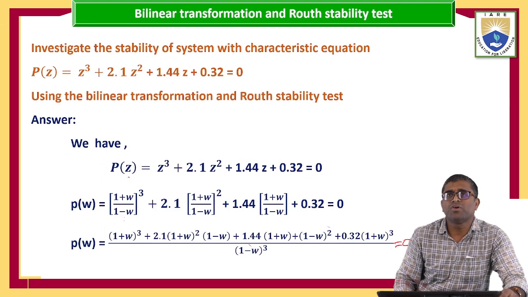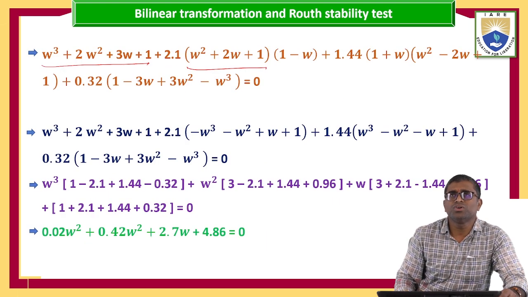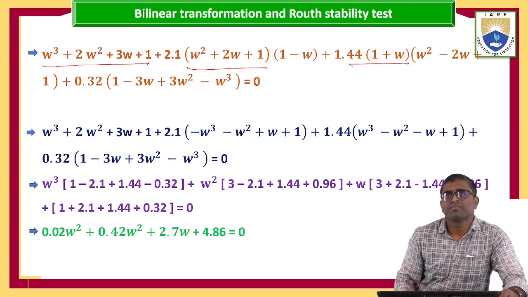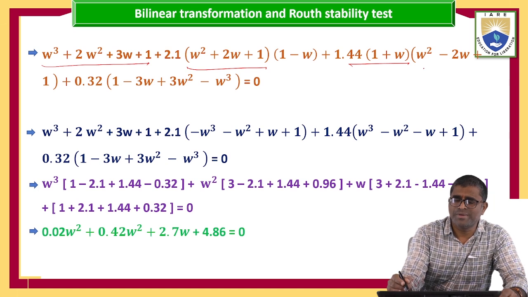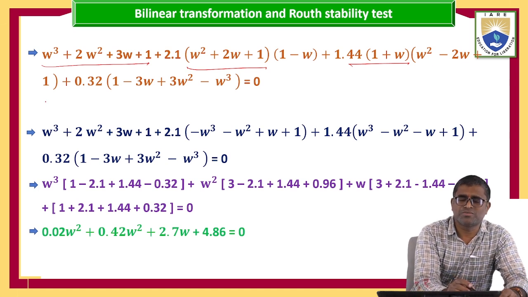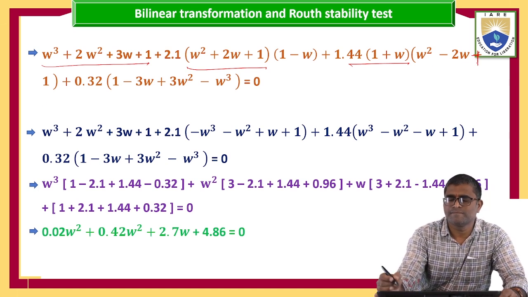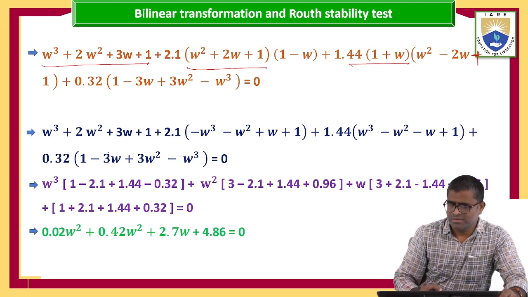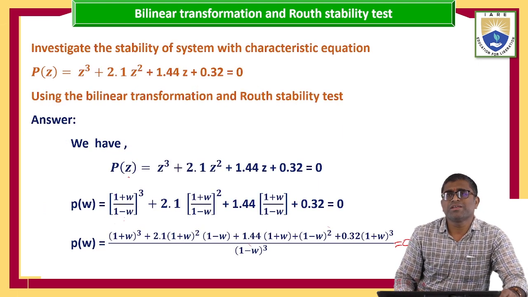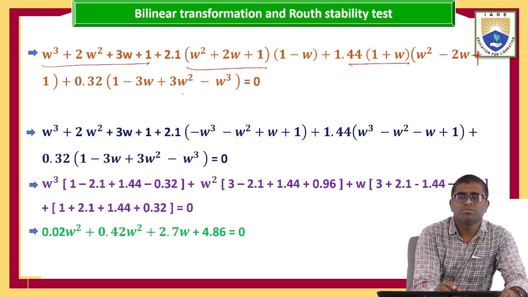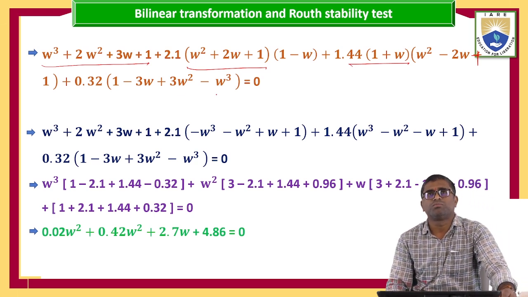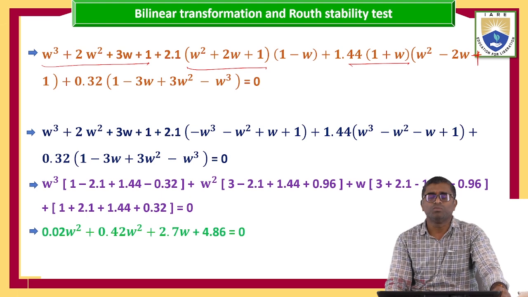Then 1.44 into (1 plus omega) into (1 minus omega) whole square, using the (A minus B) whole square formula: omega square minus 2 omega plus 1. Then plus 0.32 into (1 minus omega) whole cube, which by the (A minus B) whole cube formula is 1 minus 3 omega plus 3 omega square minus omega cube.